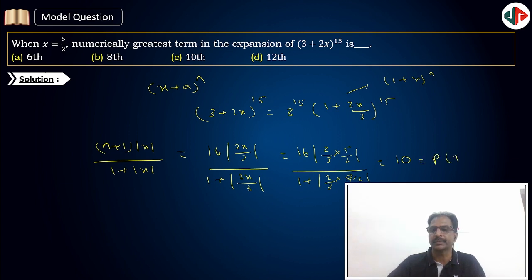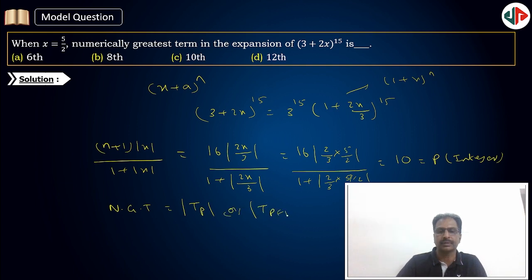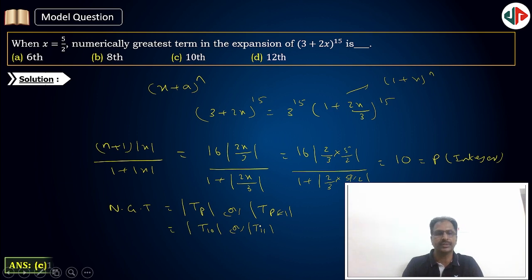Let us say it is p. When n plus 1 into mod x by 1 plus mod x is equal to p, the numerically greatest term will be mod T p or mod T p plus 1. What is p? We got 10. So mod T10 or mod T11 is the numerically greatest term. So option C is correct.